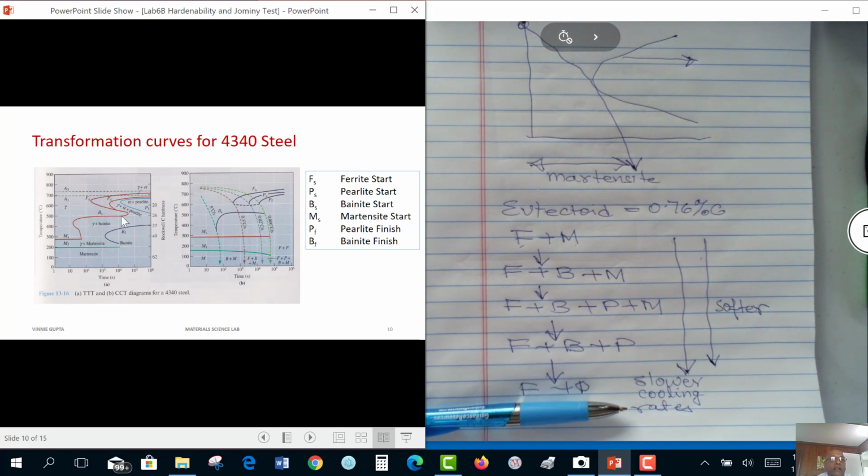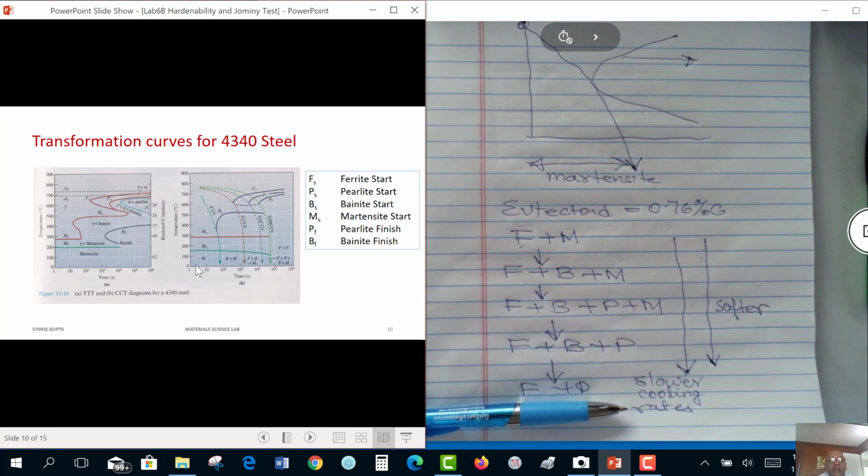So pearlite has its own C curve instead of just the top half, and bainite has its own C curve instead of just the bottom half. But now when we go to continuous cooling diagrams, remember in continuous cooling, we are not going to see some of these curves. So we just see these curves and they are marked.